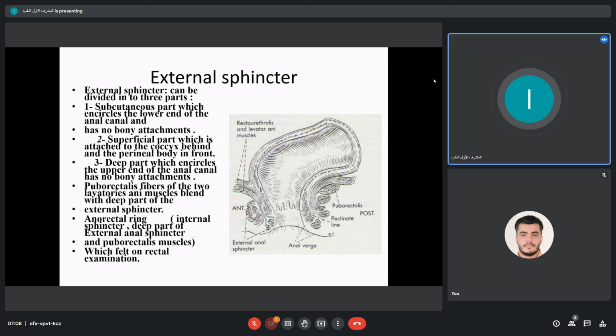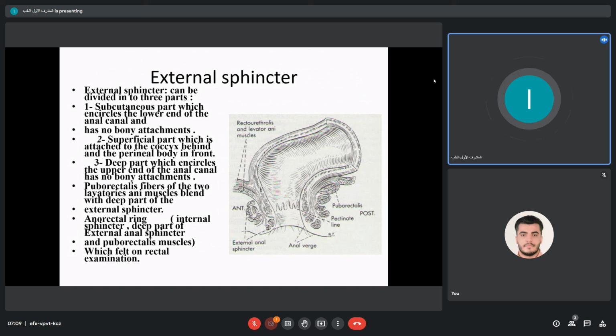The other part is the puborectalis fibers of the two levator ani muscles from each side, right and left, which blend with the deep part of the external sphincter. The anorectal ring consists of the internal sphincter, deep part of the external anal sphincter, and puborectalis muscles.